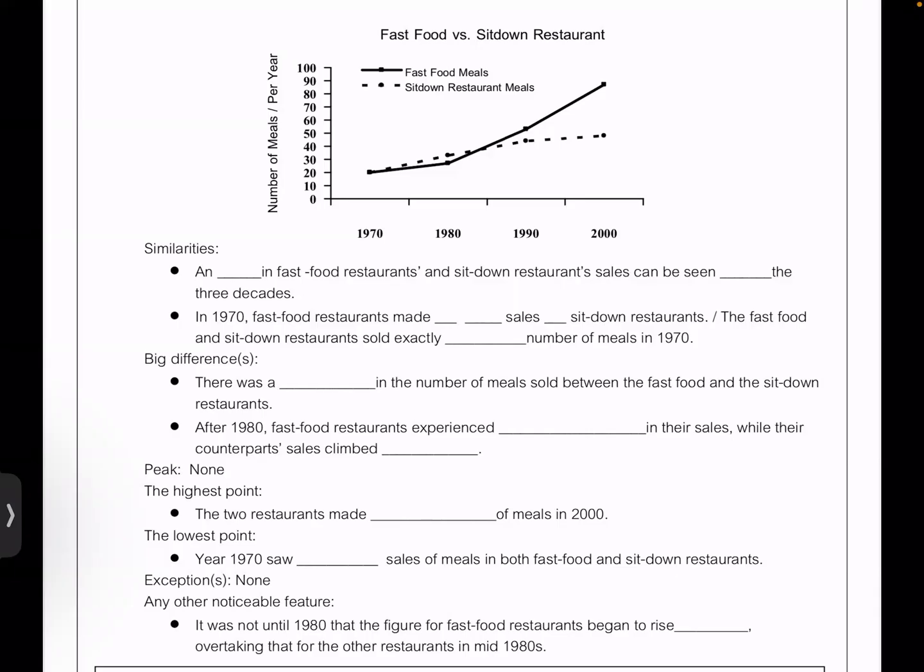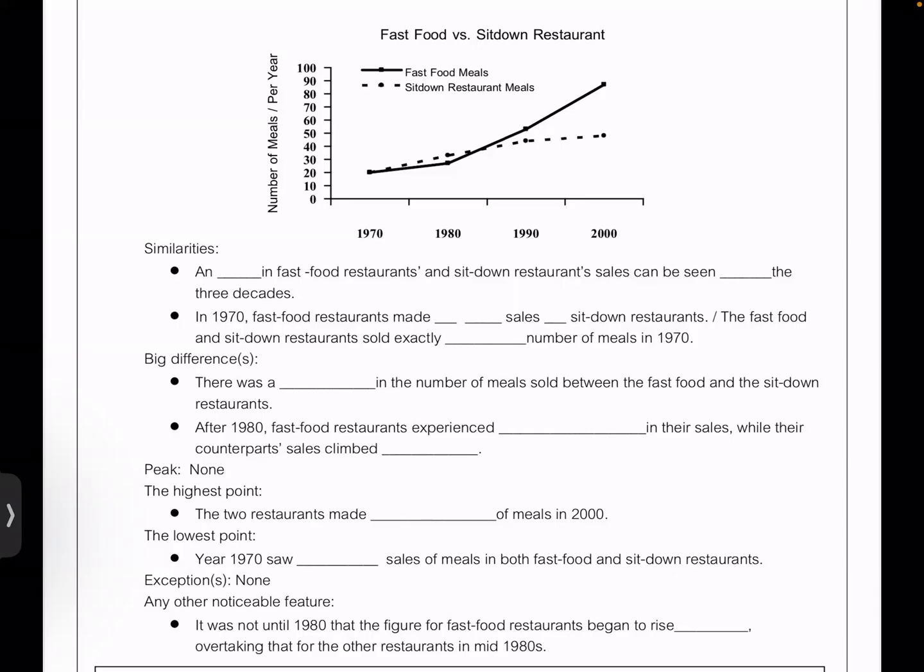However, for fast food restaurant, it seems to exhibit linear behavior. So from 1980, you see a greater positive slope.